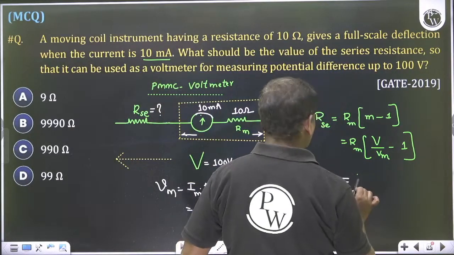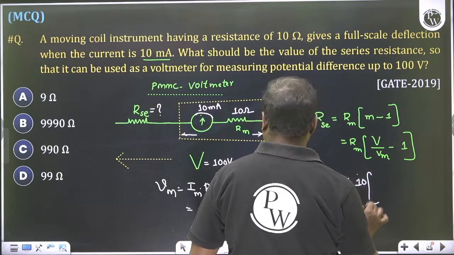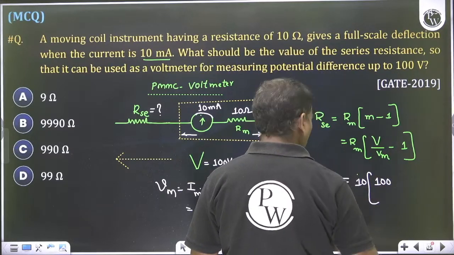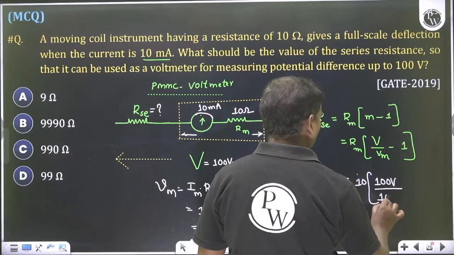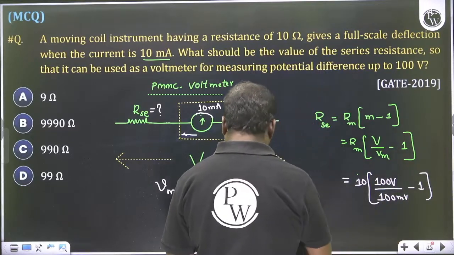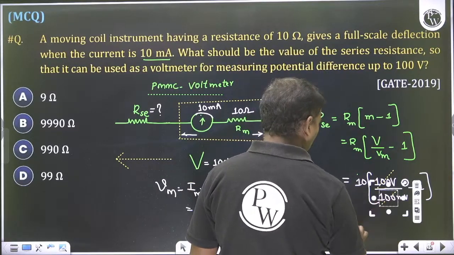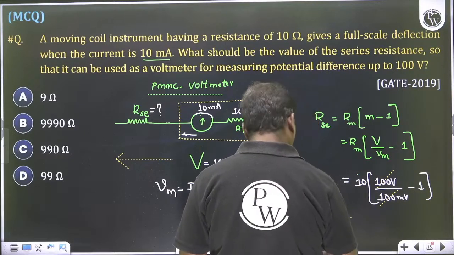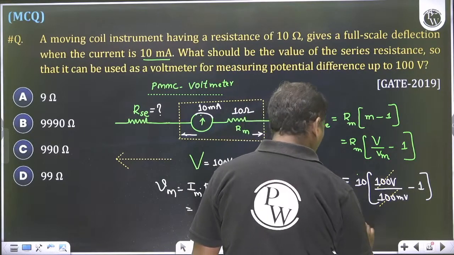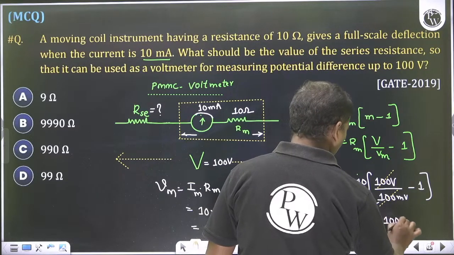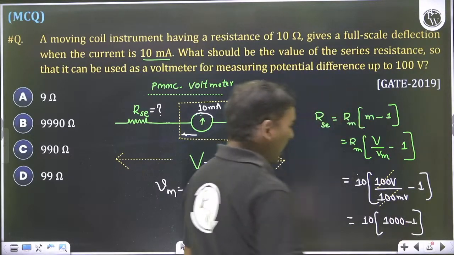So meter resistance is 10 ohms, times 100 volts over 100 millivolts, minus 1. This and this get cancelled. 1000 minus 1, so 9990.